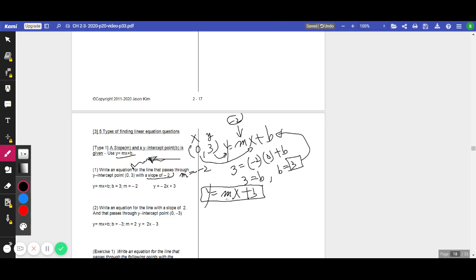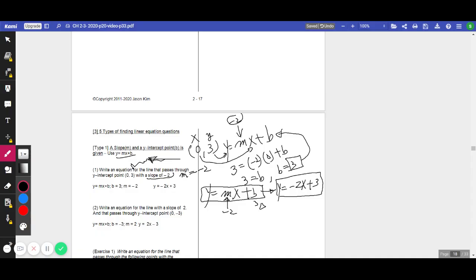We found m as given, -2, and we found b as 3. So that equation becomes y equals -2x plus 3. That's the equation of the line that passes through the y-intercept 0, 3 with slope -2.